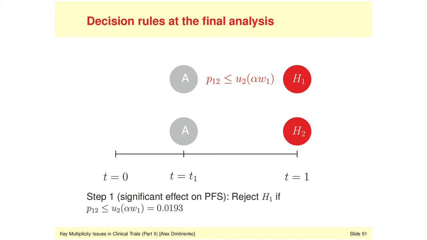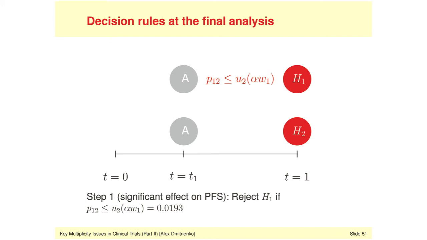So we're going to once again look at the individual steps of the testing algorithm used by the Holm procedure. In step 1, we're going to reject the null hypothesis H1 that corresponds to the progression-free survival test if the corresponding p-value is less than or equal to the adjusted significance level derived from the significance level that would have been used by the Holm procedure in step 1.